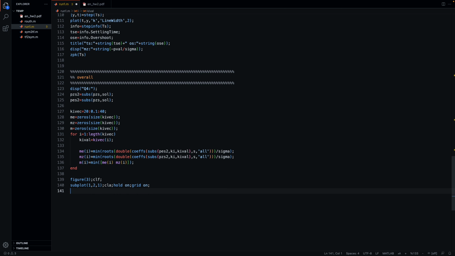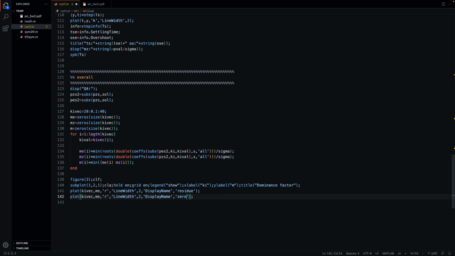There's not going to be root locus whatsoever, so maybe a legend show, x label is going to be ki, and y label is going to be the dominance factor. Maybe the title is also dominance factor. So I'm going to plot ki vec versus me. Let's call it red, and let's give it a line width of 2 and a display name of residue.